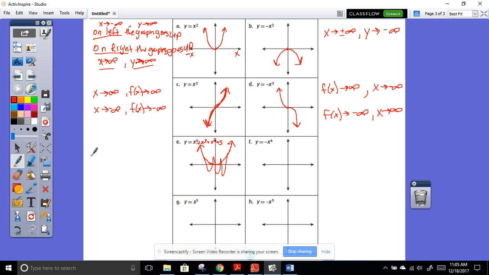Okay, so this one, as x approaches the right and the left, then my y value is going up. If it's a negative and I had a bunch of other squared terms up here, something like that, then who knows what it would do.